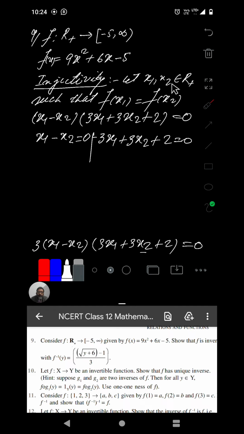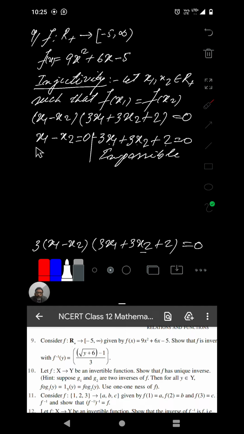Since x1 and x2 both belong to R positive, that is all the non-negative real numbers, the expression 3x1 plus 3x2 plus 2 cannot be equal to 0, because all these three terms are positive and the sum of three positive numbers cannot be 0. So this is an impossible result.